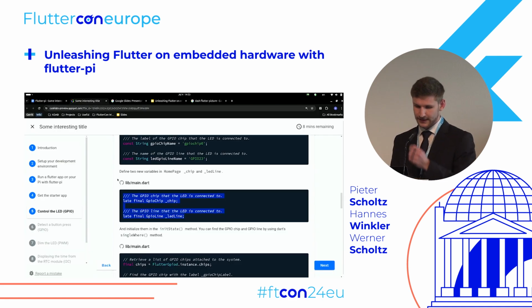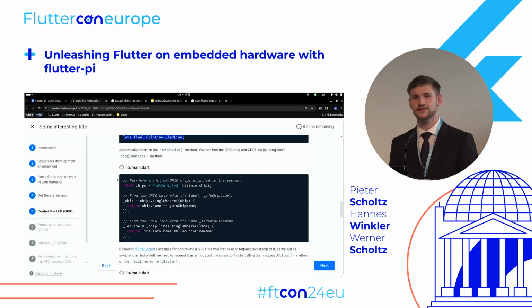And then next we need to actually assign these variables. Flutter GPIOD lets you create an instance and get all the chips that are on the device. So I'm going to loop through them and find the one with the correct name. Then I'm going to do the same thing for the lines or pins to find the correct one. I'm going to use the chip that we found and find the line from there.